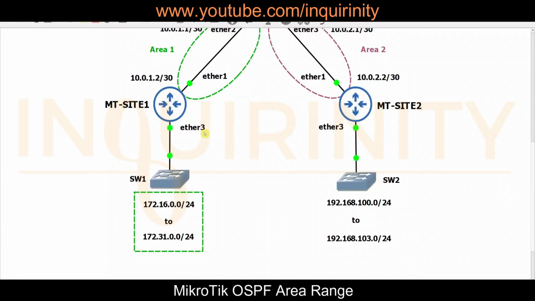Going back to our diagram, we now focus on how we could summarize this entire range of subnets, 172.16.0.0 down to 172.31.0.0/24. Of course, there's a reason I chose these subnets: these are the Class B private IP addresses that you could use, and they could be summarized to 172.16.0.0/12.